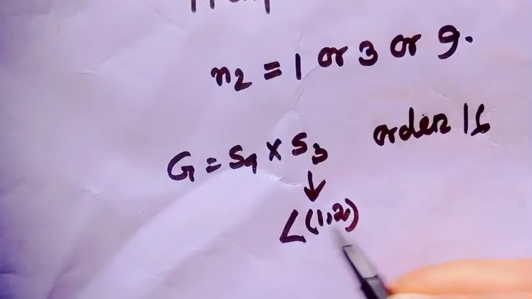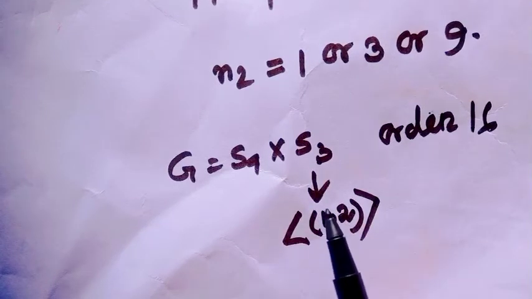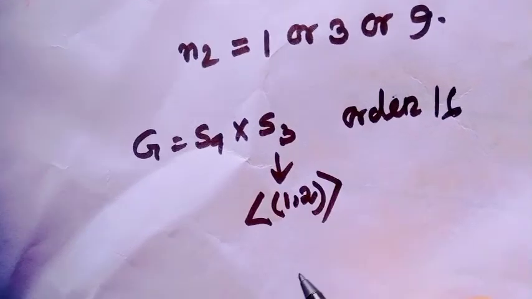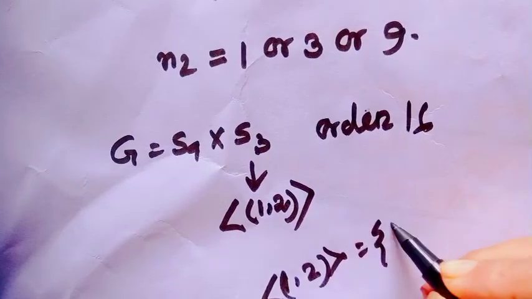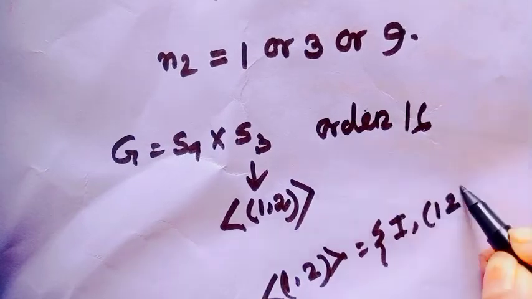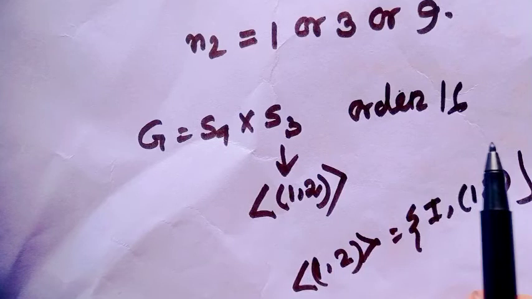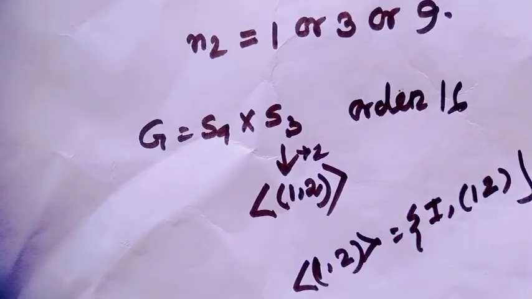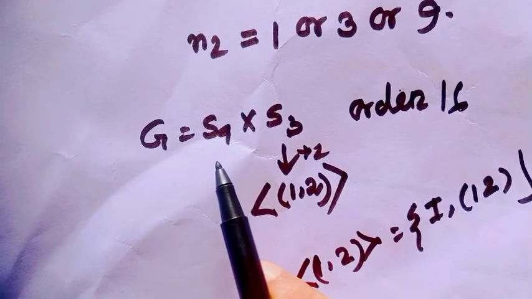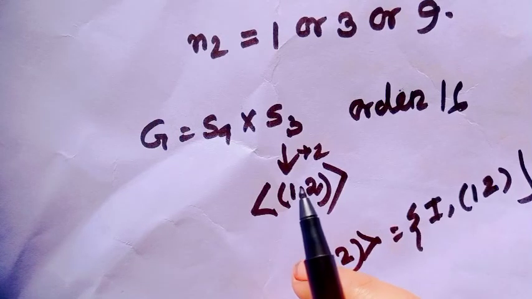Now generate it, and this is a subgroup of S3, we all know, and the cyclic group generated by (1 2) equals the set containing the identity and (1 2). Here we have to construct a subgroup of order 16. Here notice 2, that means we have to construct a subgroup of order 8 in S4. Then it will be possible.